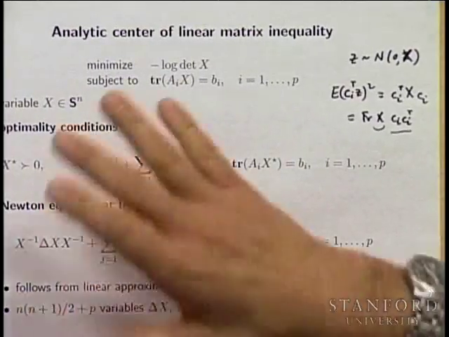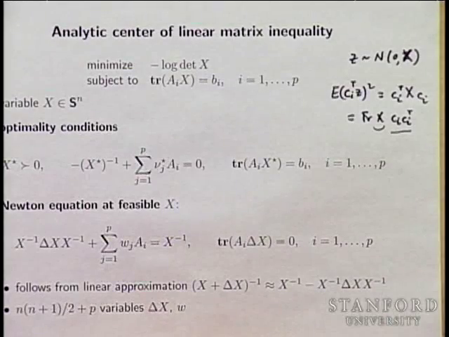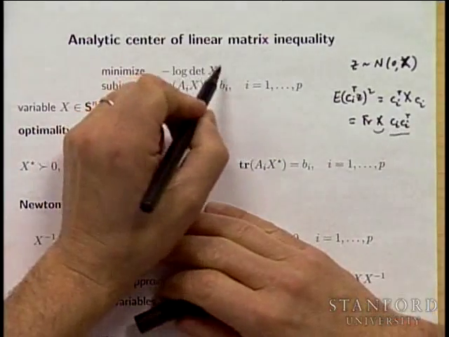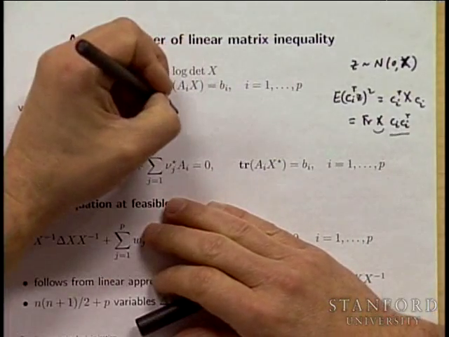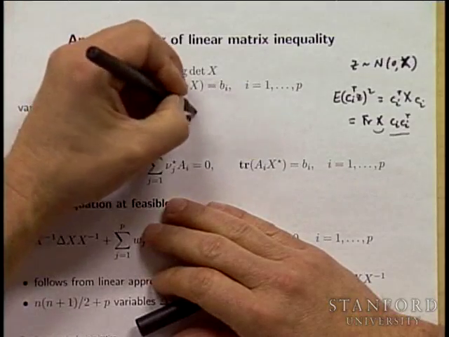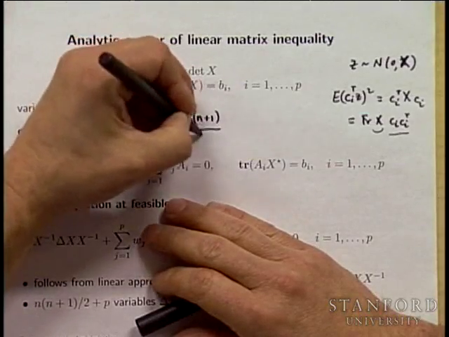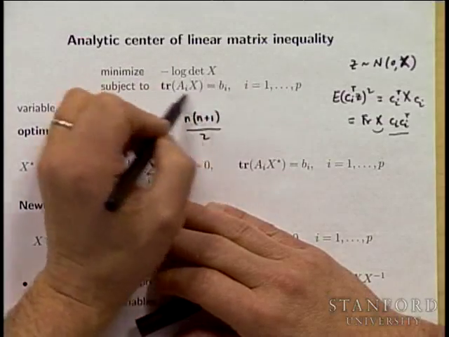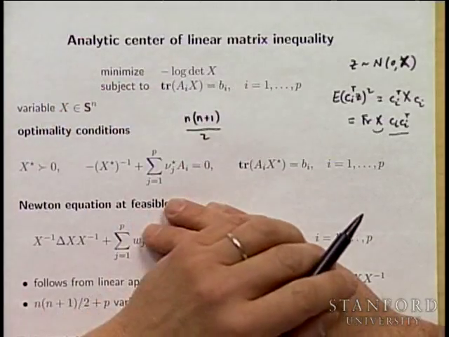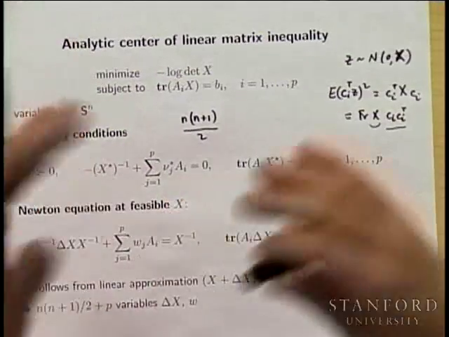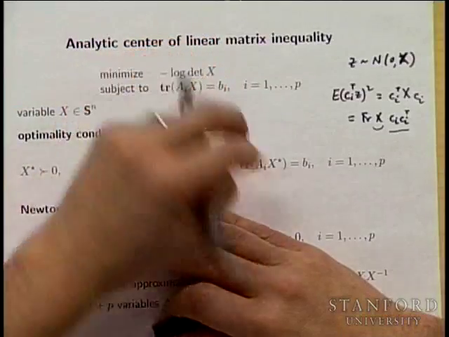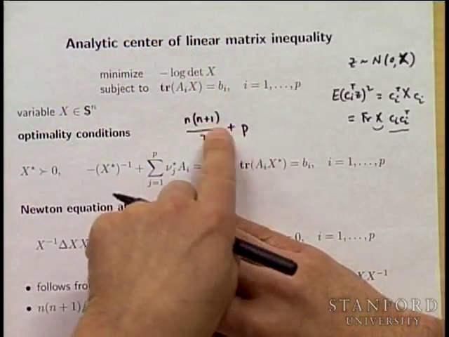First of all, you look at it naively, and you ask how many variables are there? X is a matrix variable, it's square, n by n, so the number of entries is n squared. If there are p of these equality constraints, then if I form the KKT conditions, I'm going to have a matrix that's this big.